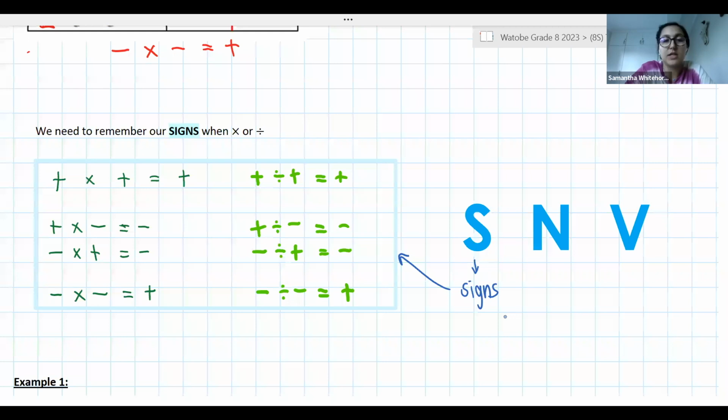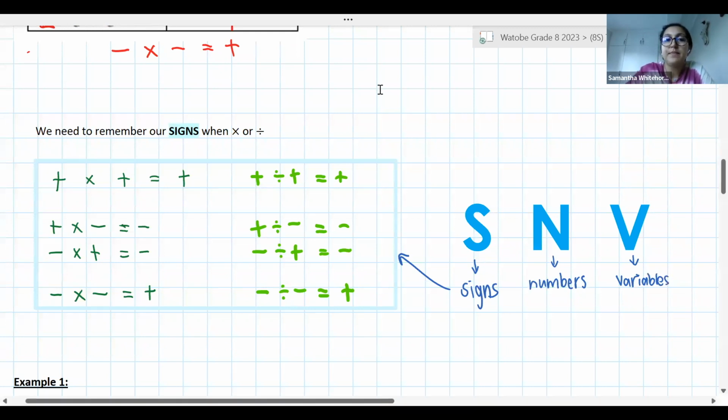So if I had a positive times a negative, I know that my answer must be negative. Then I go and multiply or divide the numbers I've been given. And then when we get to algebra, which is coming up, we will then have a look at the variables that we are working with. So SNV allows us to correctly multiply and divide values in an expression.